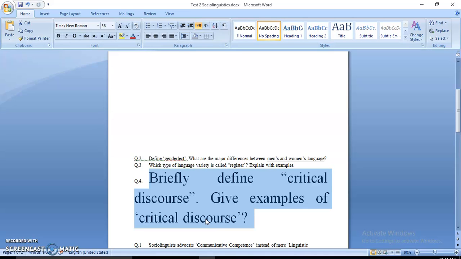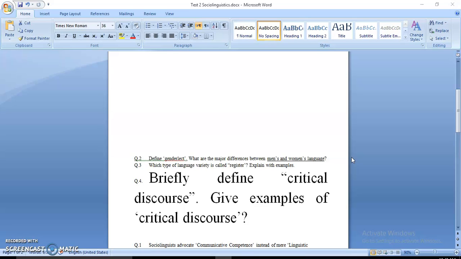So after giving a few more details about this language, you can say language is not neutral. It has got some sinister design, a hidden agenda. So every reader needs to be critically aware of this critical language.